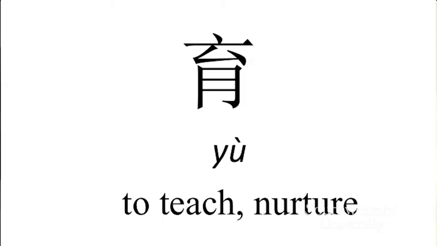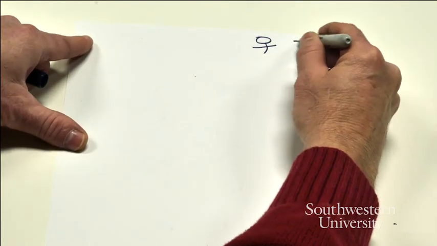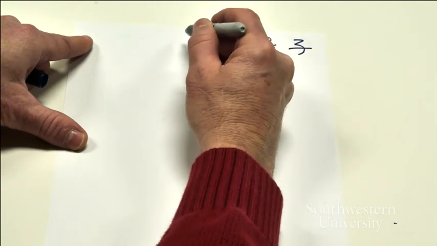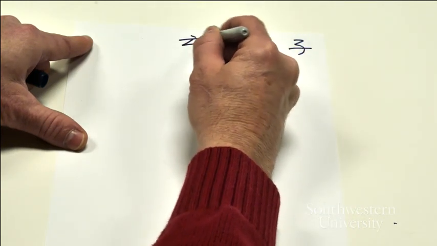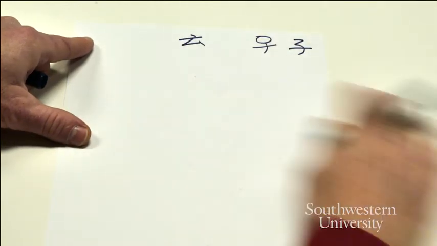This character, next one, signifies nurturing of infants. The top component originally depicted a child, so this is a child in very ancient Chinese, and then it became zi. In the case of yu, it was inverted and then altered for the purpose of the brush strokes.